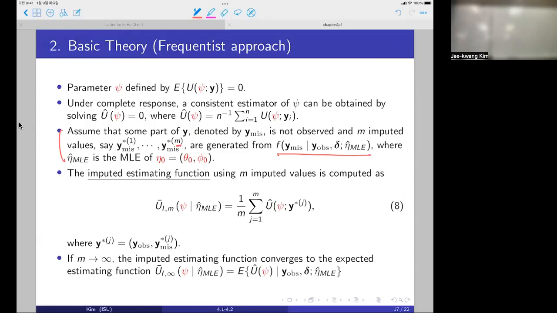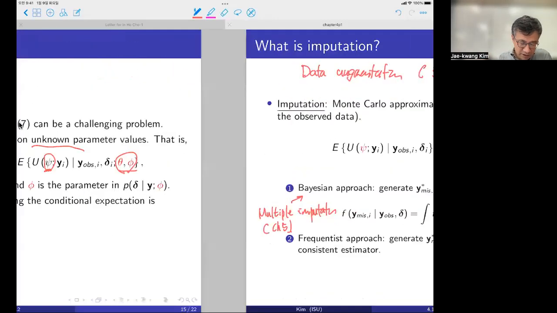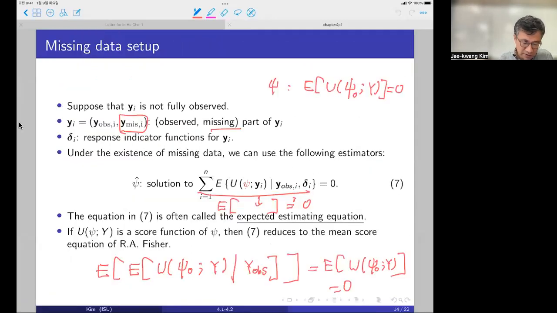And we know that if M goes to infinity, it will converge to the conditional expectation, the expected estimating equation here, right?